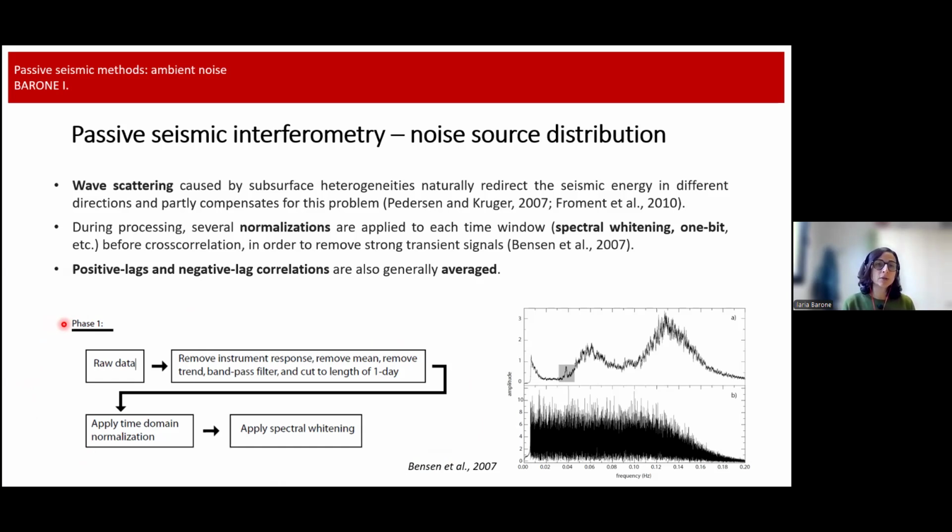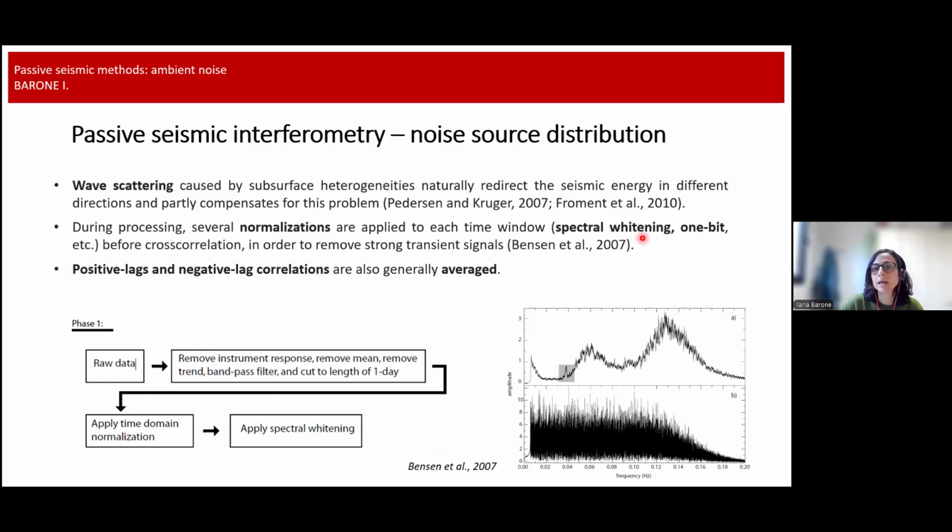And for each window, we apply a pre-processing that includes the removal of the instrument response, the demean, the despiking, and so on. And then we apply a normalization that could be done either in time domain, such as the 1-bit normalization, or in the spectral domain, such as spectral whitening.